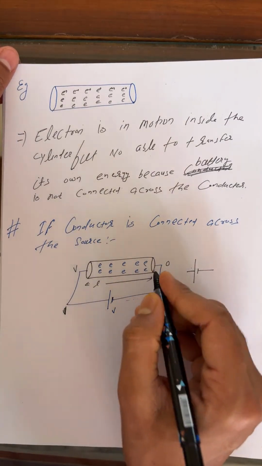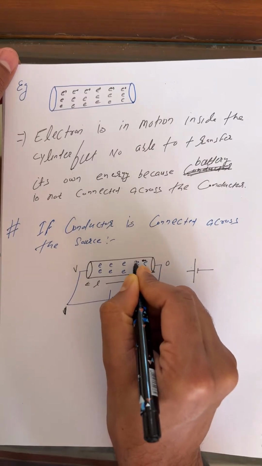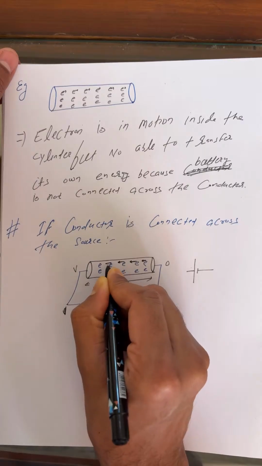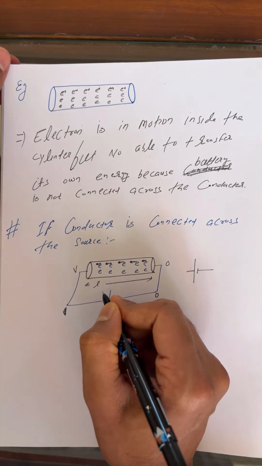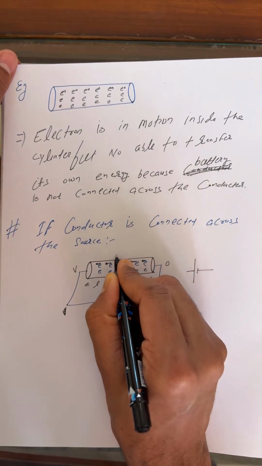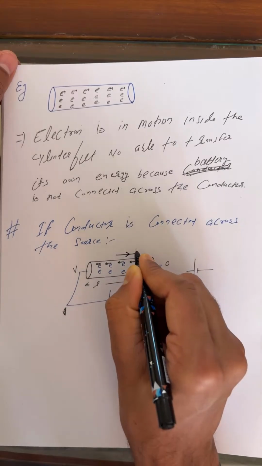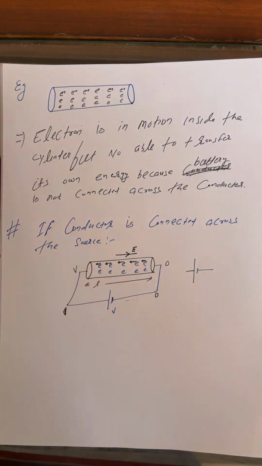Here you can see the direction of motion of electron, and over here the direction of electric field.